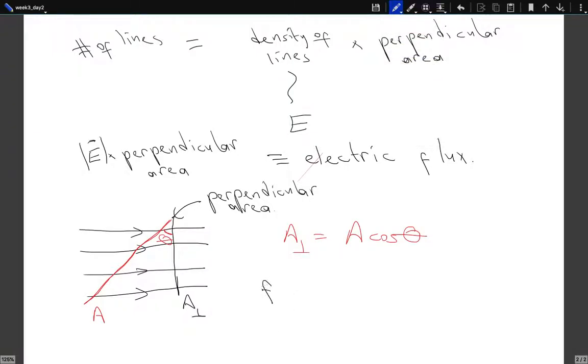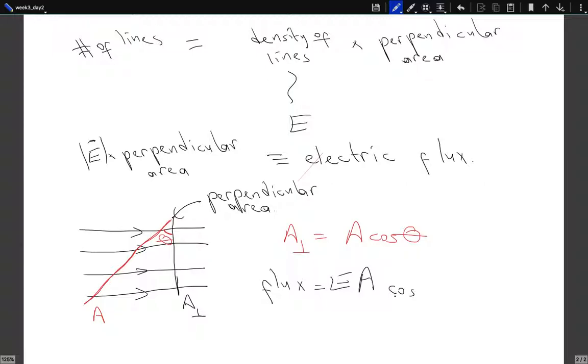Then the flux becomes the magnitude of the electric field at this point multiplied by some arbitrary area, multiplied by the cosine of the angle that the area makes with the electric field lines.